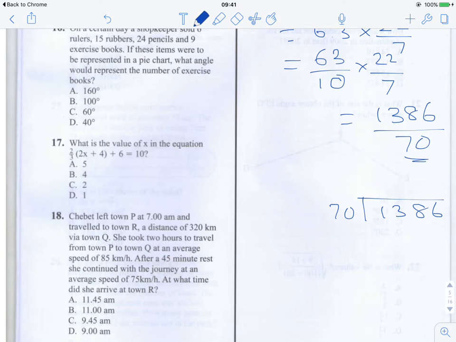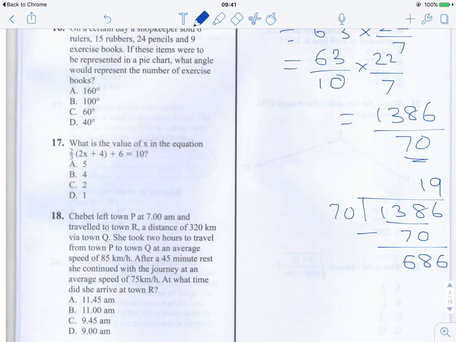How many times does 70 go into 138? Once, because of 70. Let's do a subtraction. We get 68 and 6. How many times does 70 go into 686? I guess it goes in 9 times.